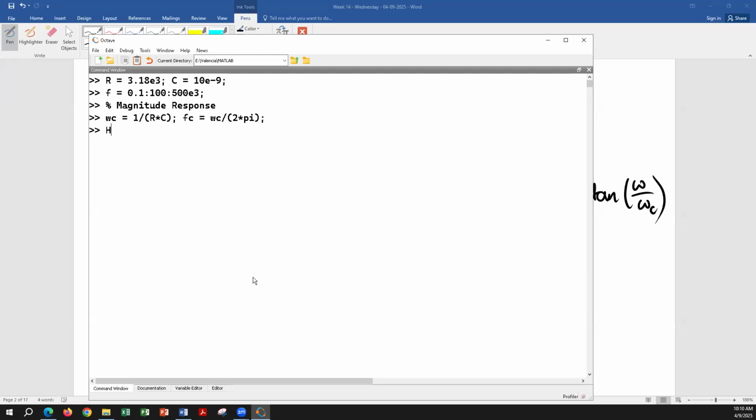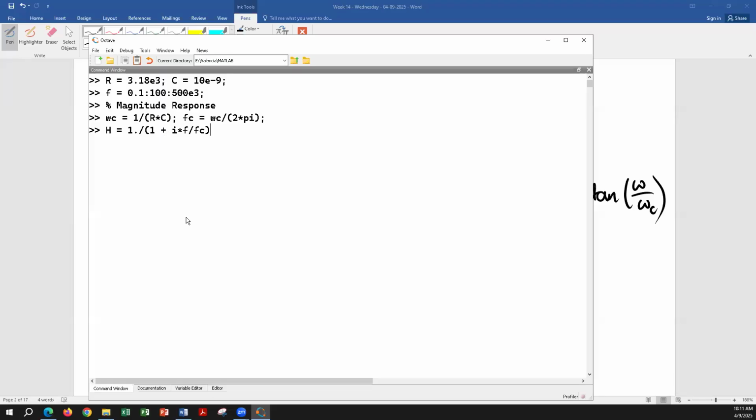And now we're going to calculate the points from the transfer function. H is equal to 1 divided by 1 plus i times F over FC. Now you do have to put a period before the division because F is a vector and it's in the denominator.